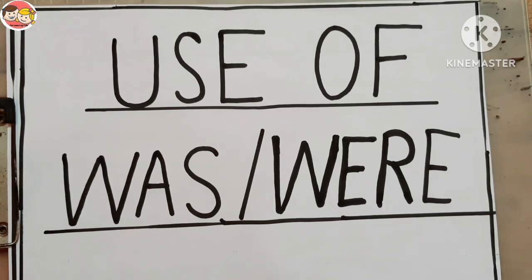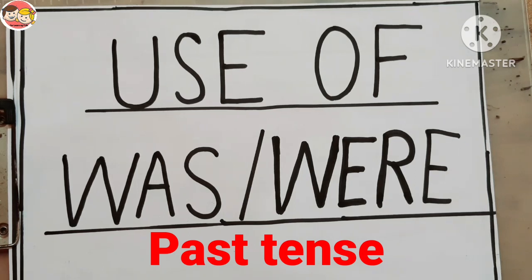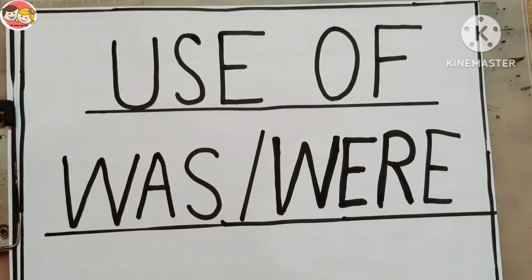Means was and were both show past time or past tense, means something which has already happened. Now we will learn the use of was and were using examples.